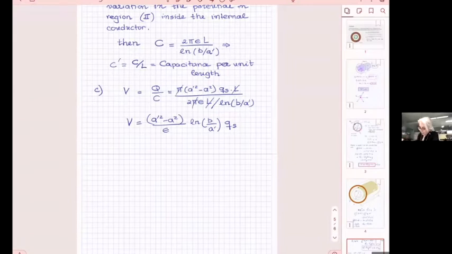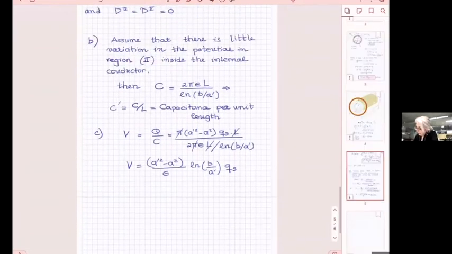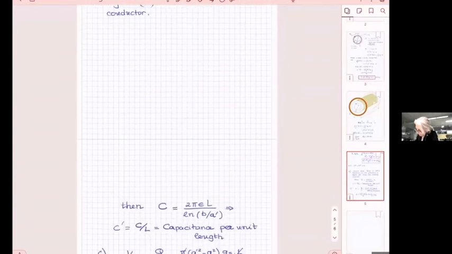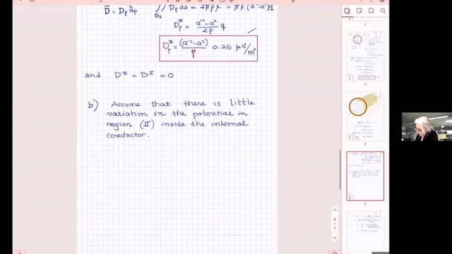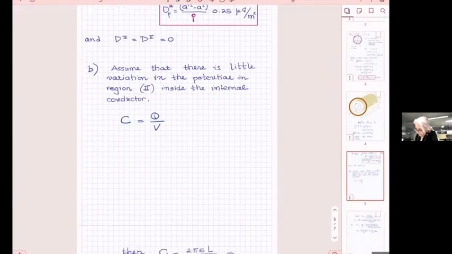So we remember the definition for the capacitance, so I'll write it here. What is the definition for the capacitance? C equals Q over V. What is V in the coaxial?